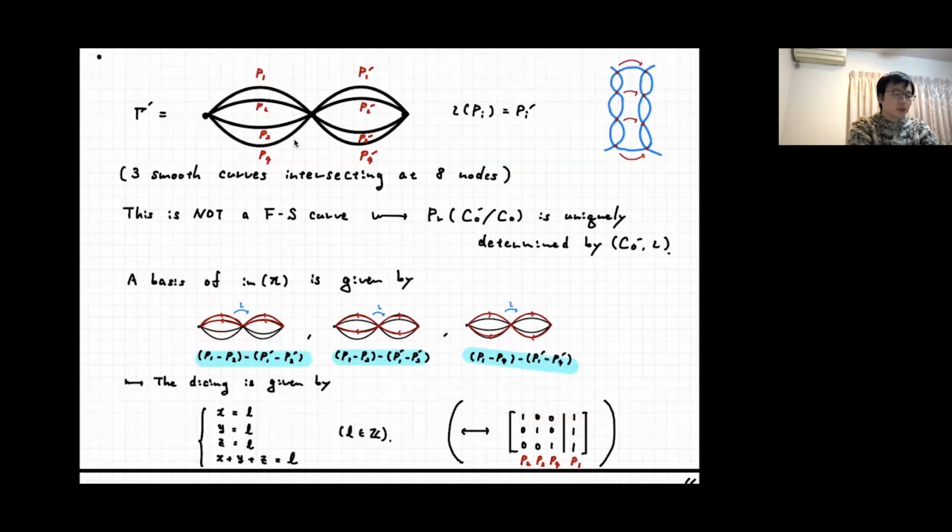Then since this entry passes through P1 first time and P2 second time, but with alternative sign, so they cancel out and we obtain 1 here. And the second cycle will give the second one, the third cycle gives the third one. So the lattice testing should correspond to the unimodular system coming from this matrix.